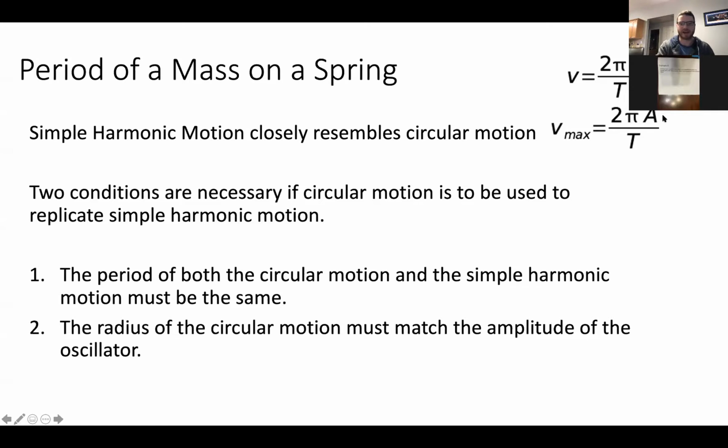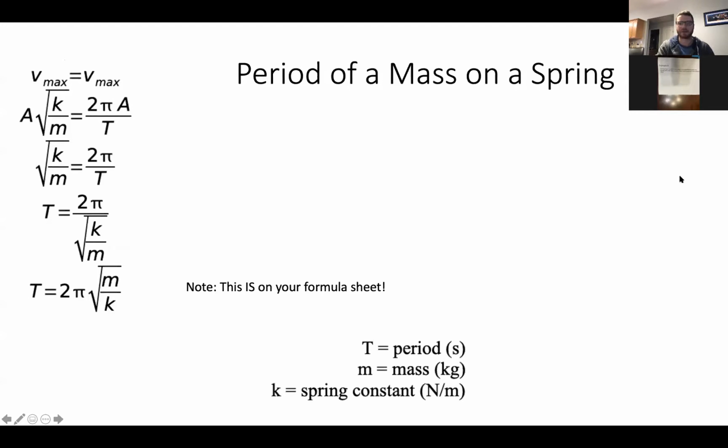So let's just go ahead and talk about this. Period of a mass on a spring. We'll start at velocity max is equal to velocity max. Using simple harmonic motion, we know that velocity max is equal to the amplitude multiplied by the square root of k, the spring constant, divided by m.